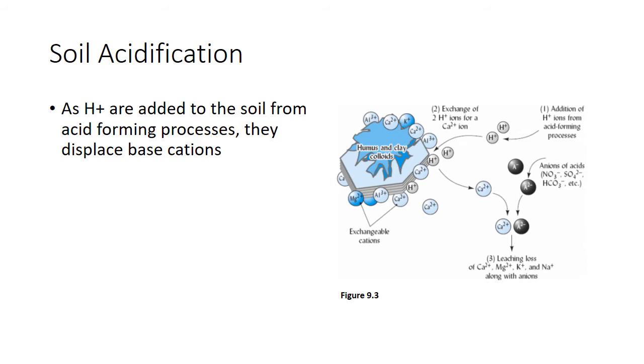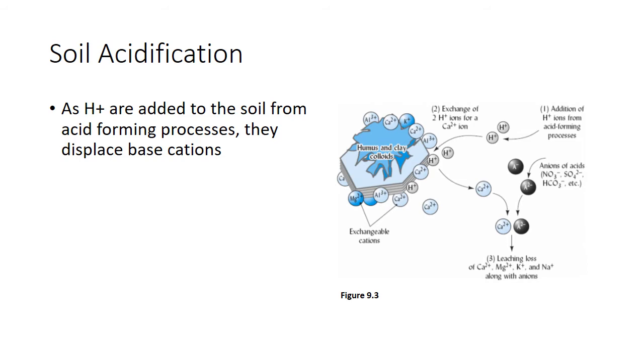All right, so soil acidification, as we have these sources of acidity producing hydrogen and releasing that into solution, what that does is creates a situation where there are more hydrogens in solution, and because the CEC has to stay in equilibrium with what's absorbed versus what is dissolved, those hydrogens are going to exchange with the cations that are on the CEC.